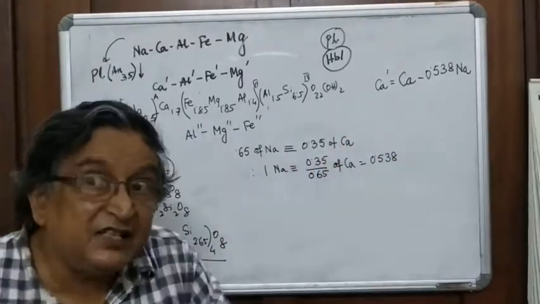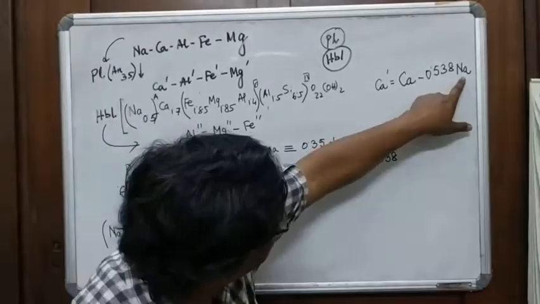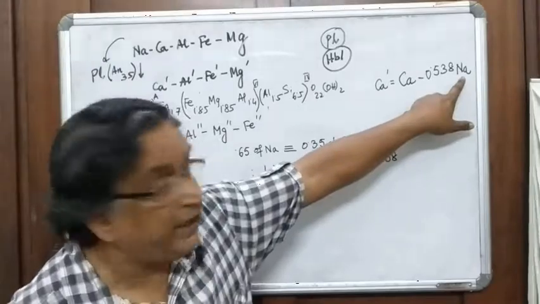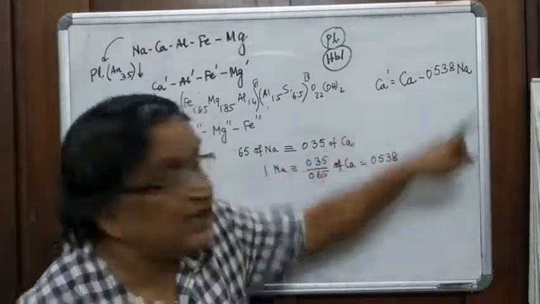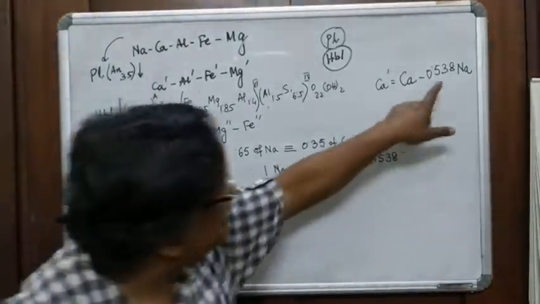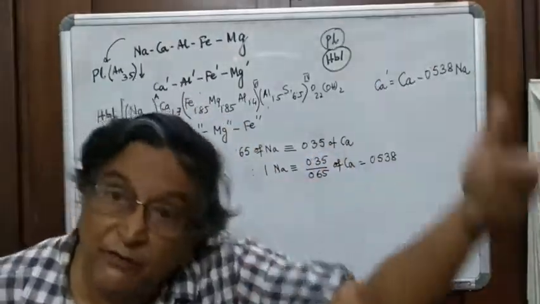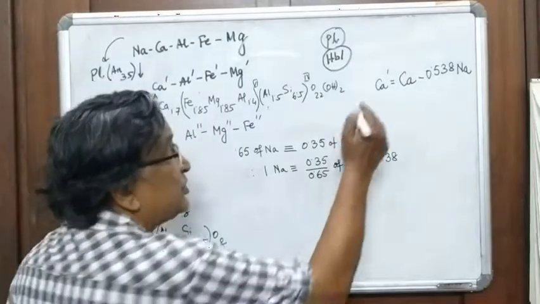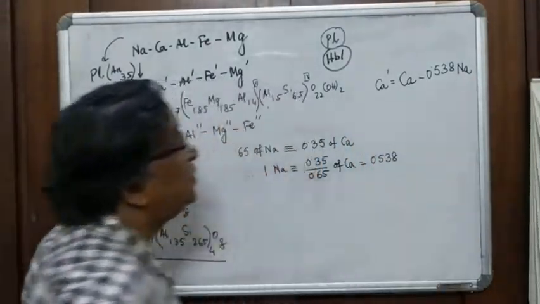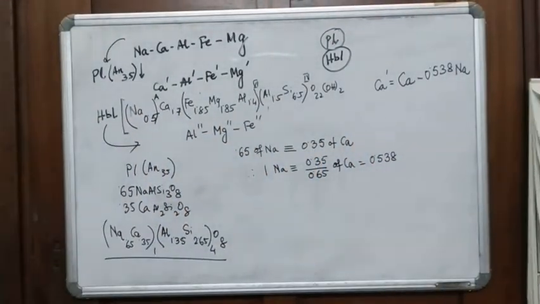But that is not all. Because of projection and elimination of sodium, this much amount of calcium has to be removed. This is actually calcium, but this is the sodium equivalent of that calcium. So your Ca prime becomes equal to Ca minus 0.538 Na.